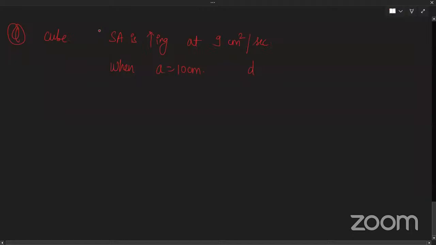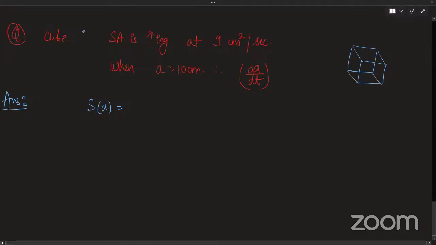So again, it is asking what is the value of dA by dt, the change of a with respect to time t. So can you write your surface area as a function of the length?